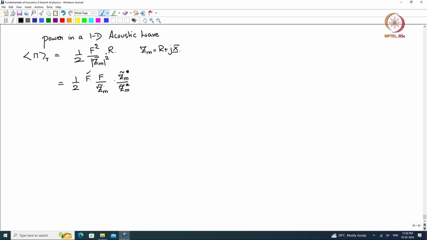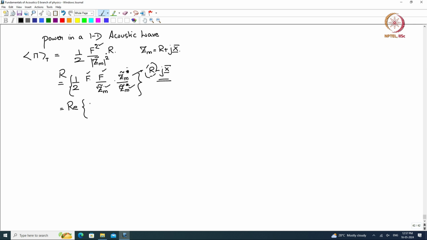So this F and this F give me F squared, this and this give me the magnitude of Zm squared, and I have this over here which is R minus jX because of the conjugate. Now I take the real value. If I take the real of this thing, then only R will survive, the j will go away, right.